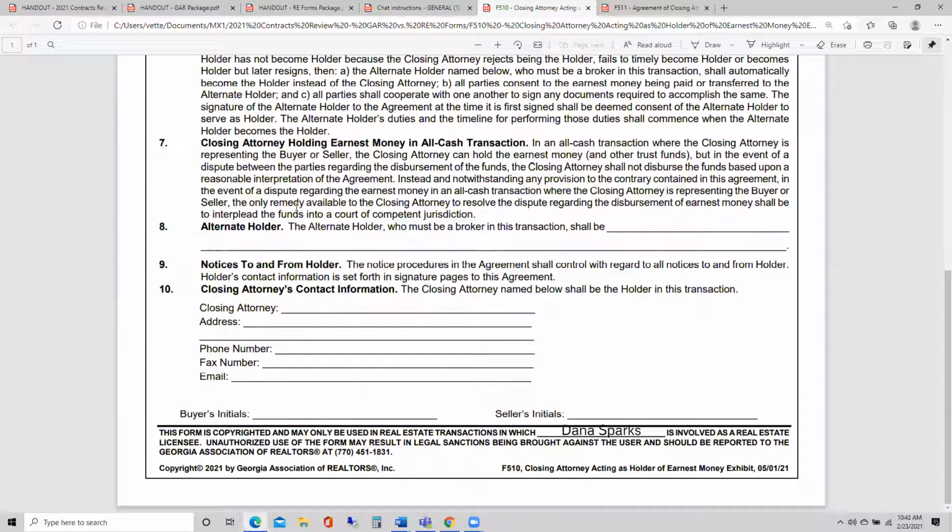So it is going to cost one of the parties money, and the earnest money that does get awarded to the winning party is going to be less than they put in, because again, the closing attorney can take their legal fees and court fees out of that earnest money if they have to interplead it. All cash dispute has to go to court.